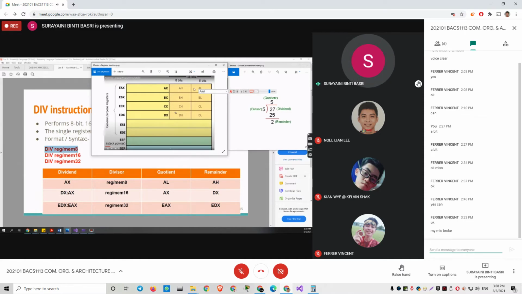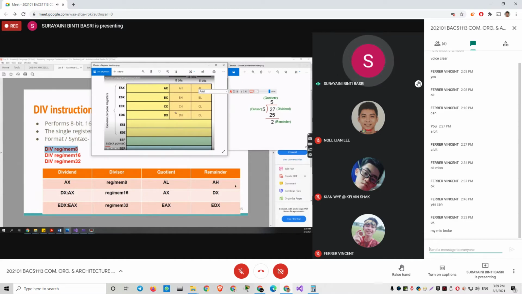Like Mr. Bharat told us just now, the most important information logically goes inside AL, and the less important info is stored in AH.